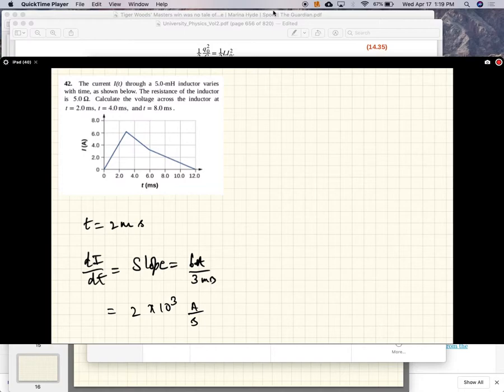And similarly, the slope at 4 milliseconds: the change in current is minus 3 amps, and the change in time is 3 milliseconds.